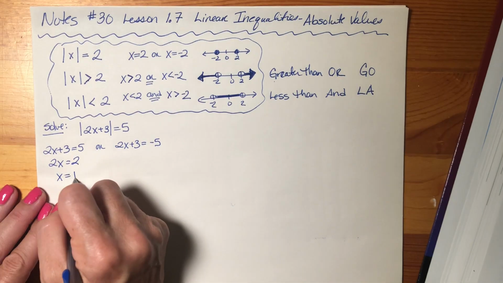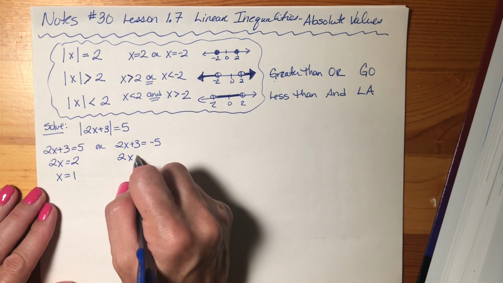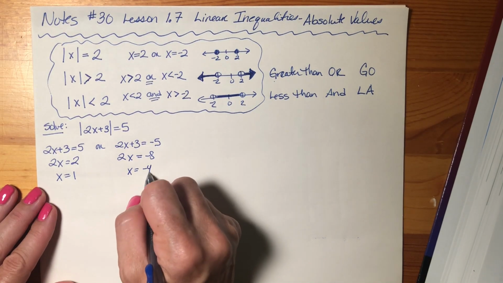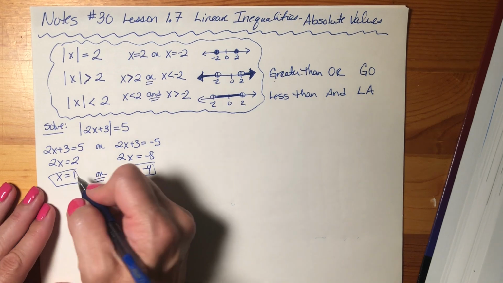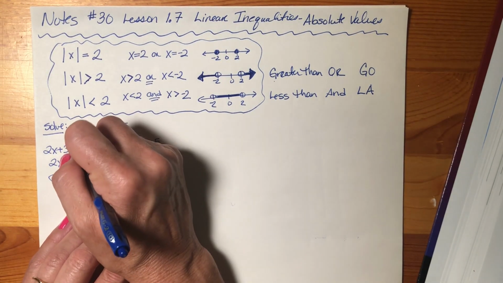So x is equal to 1. Or bring the 3 over: 2x is equal to negative 8, x is equal to negative 4. So I have two solutions, connected by an or sentence. I cannot say and, right? It can't be two things at the same time. There's absolutely no way it can be that. Okay, so that's my first example.